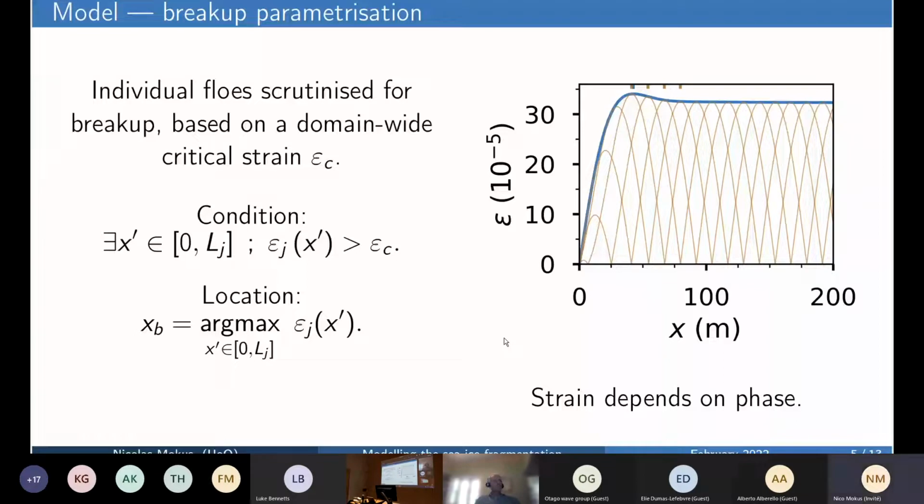The blue tick at the top shows the location of the maximum strain for the envelope, and the orange ticks show the location of the maximum strain for each one of these phases. So depending on the phase, for the same forcing, our model will yield different breakup locations, which results in different floe lengths.